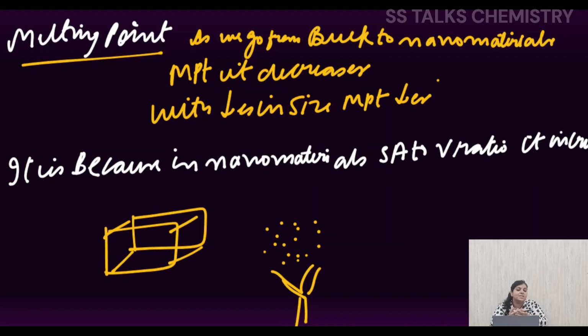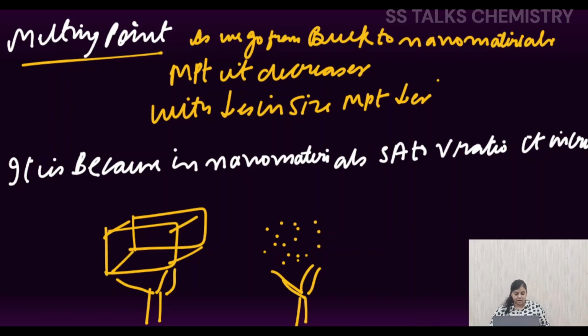That means to a lesser extent the heat from the outside environment will be required to melt this particular substance, whereas to melt this complete block we have to provide more heat. So this is how the melting point varies.